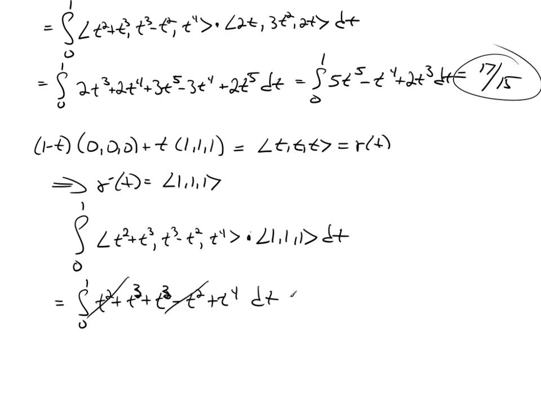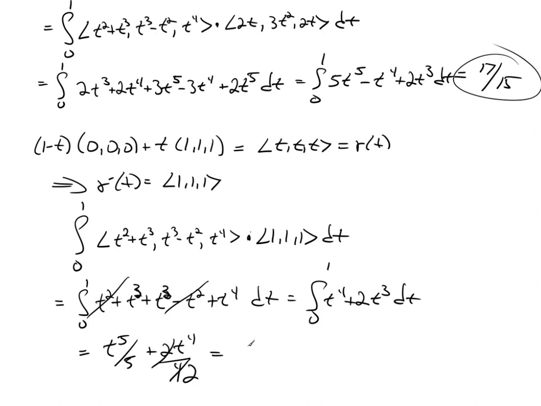So the t squareds go away, and I'm going to end up with the integral from 0 to 1 of, what do I have here? I have t to the fourth plus 2t cubed dt, which is going to give me t to the fifth over 5 plus 2t to the fourth over 4.